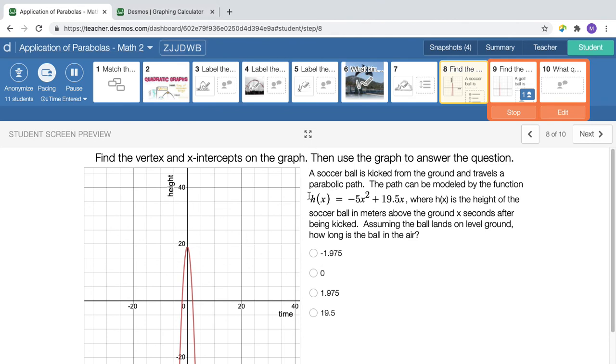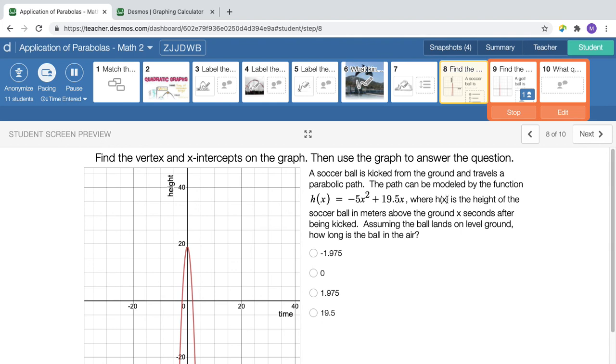Now, keep in mind, we do not put in the h of x. We just need to put in the side of the equal sign where we see the square and the remainder of the expression, not this part. They say where h of x is the height of the soccer ball in meters above the ground, x seconds after being kicked.